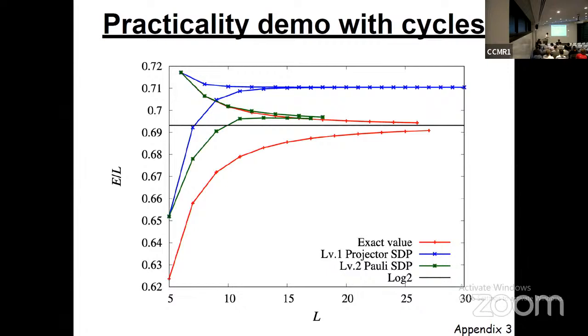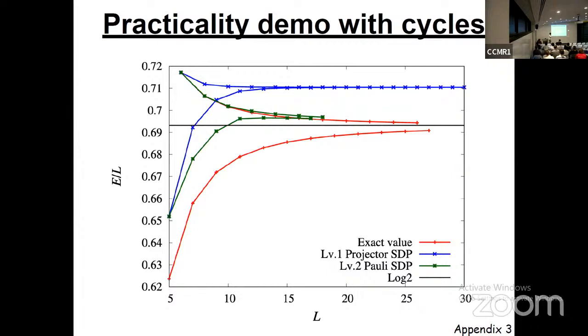And you can see that the ground state energy estimates from using level 2 Pauli, the green line, are definitely closer to the true value. It's closer to the red line than the blue line, which is the level 1 singlet projector hierarchy, our hierarchy.